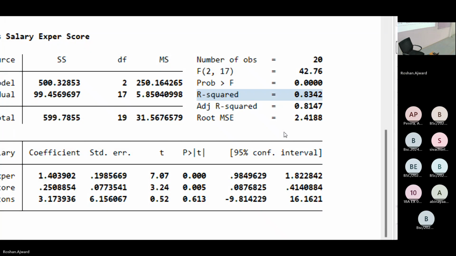explain 83.42% of the variation of the salary.